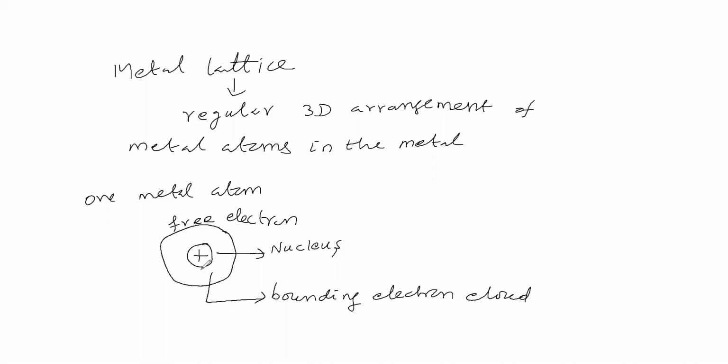Sir, then this metal atom has an electron that is called a free electron. You are saying it is free. Does it mean it will be under the control of this nucleus alone? Think about it.